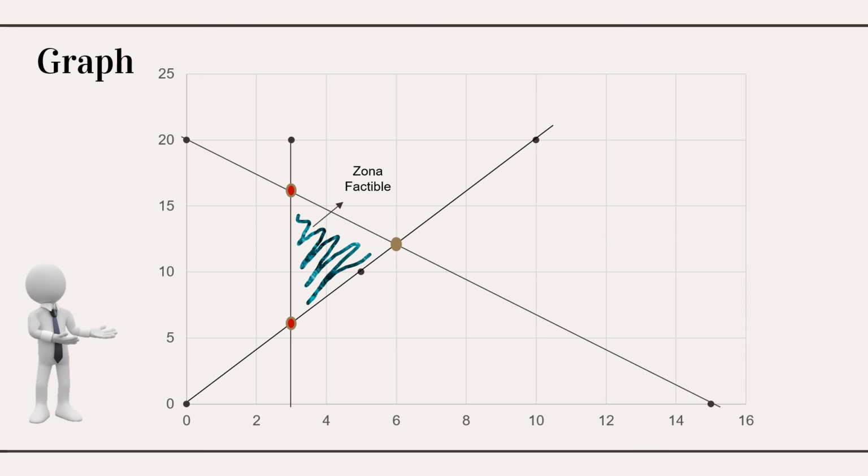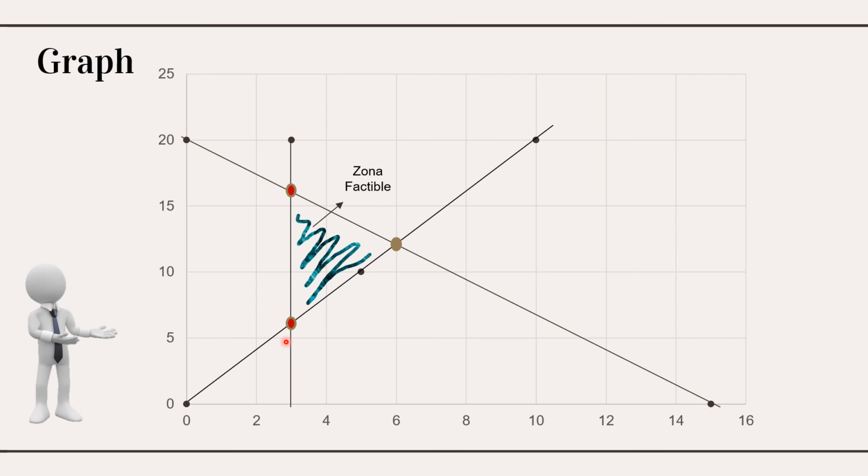Now we continue using the previous points in this graph. We have the point 0 and 10, the point 15 and 20, the point 3 and 20. Finally, we try the points. Thus, we obtain the feasible solution area.